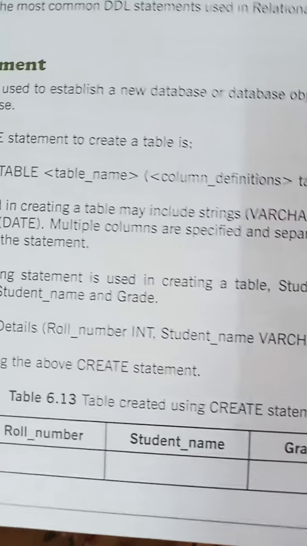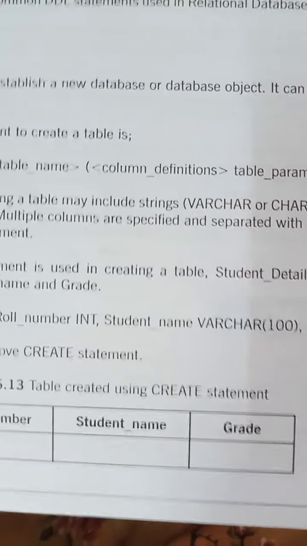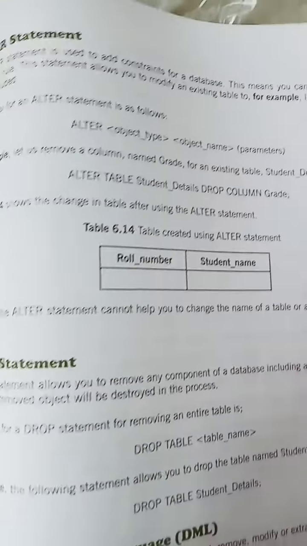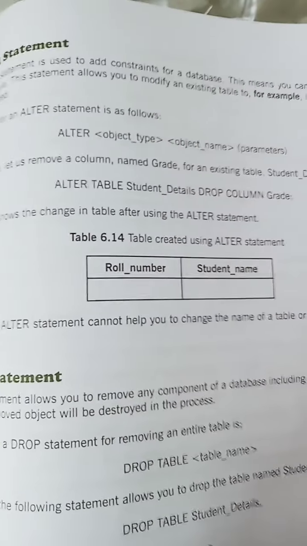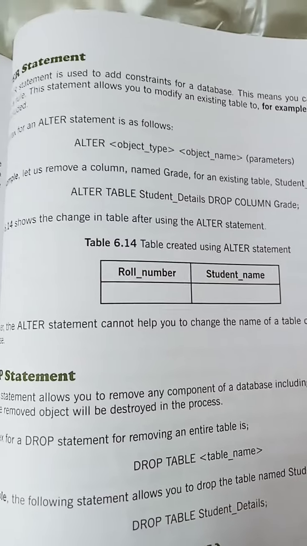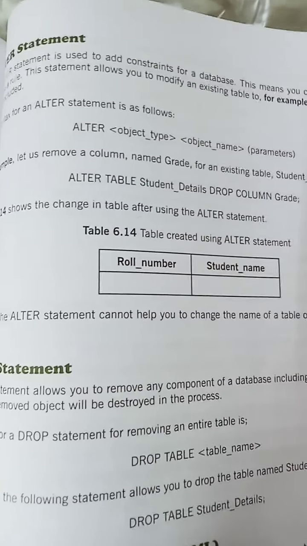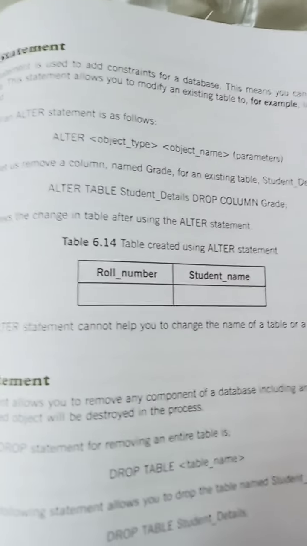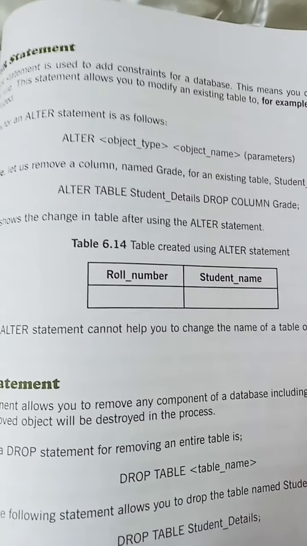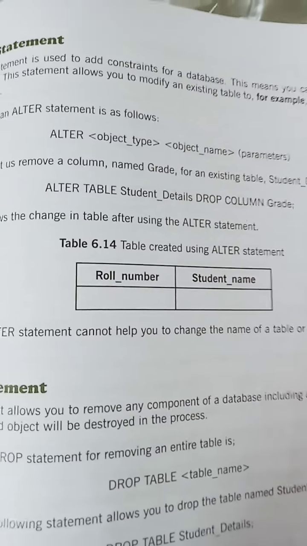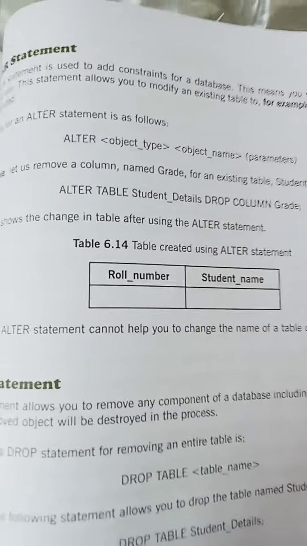Next is the alter statement. The alter statement is used to add a constraint for a database, means if you want to add any data type, then you can add it here. The syntax of this statement is alter, then object type, then object name.